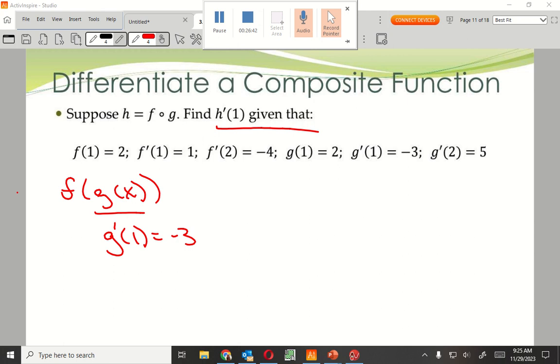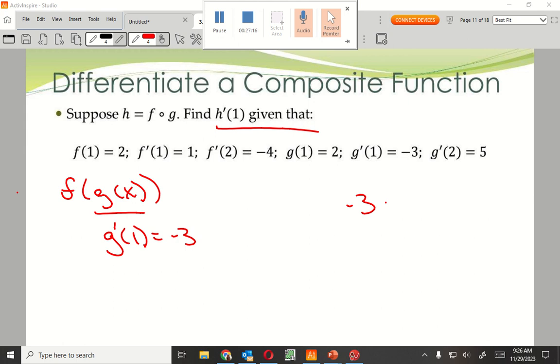Anyway, okay, so g prime of 1 is -3. And so the next thing I'm going to do is f of -3, so that's going to go in there. So it's the derivative of the inside, so it's -3 times the outside. F prime of 1, or is it just f of -3?